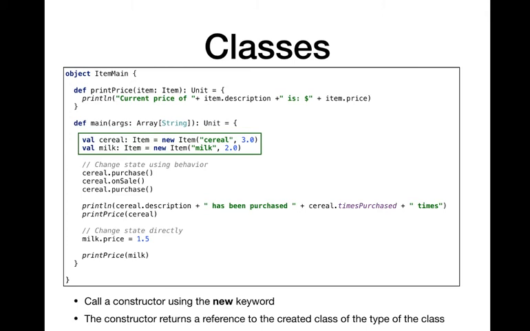You have a question? Can you declare an object but then instantiate it later? So you want val serial of type item, and then just leave it at that, and then later on say serial equals new item? Not quite. You have to assign it something.